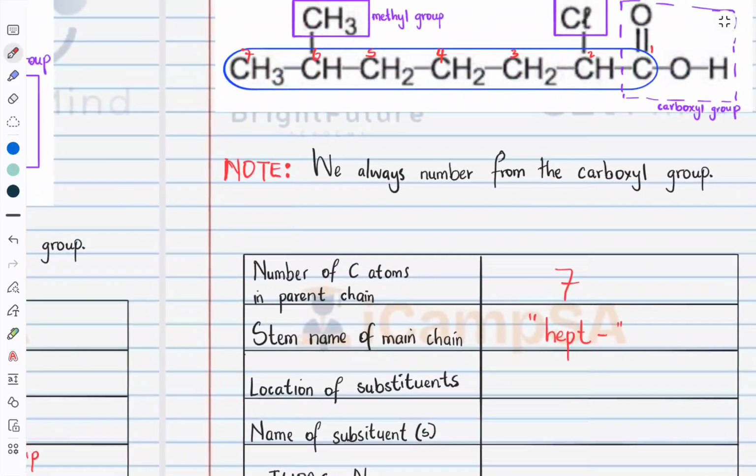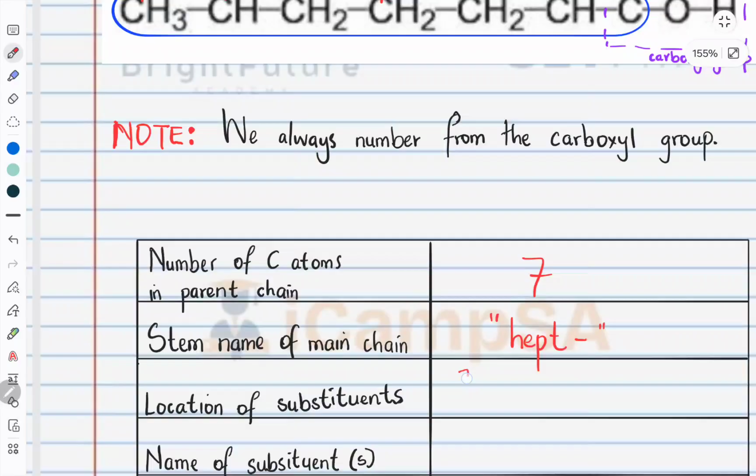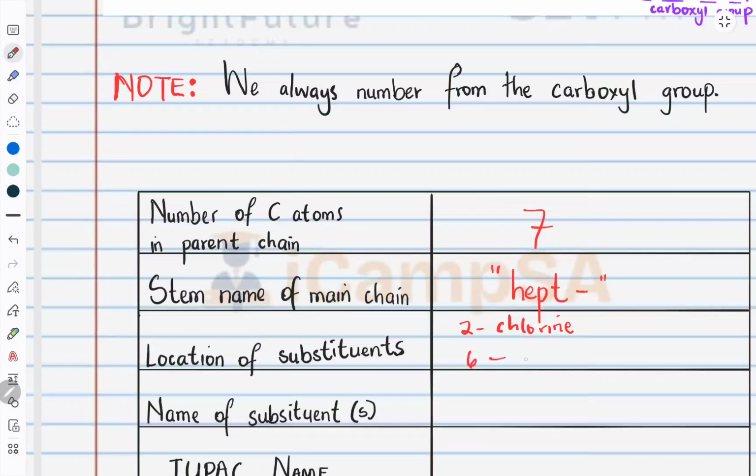So the location of the substituents, we have 2 and 6. 2 is for chlorine, right? And then 6 is for methyl group.